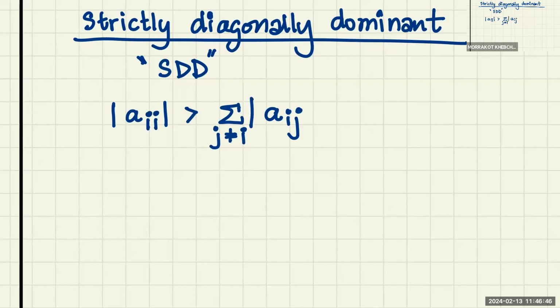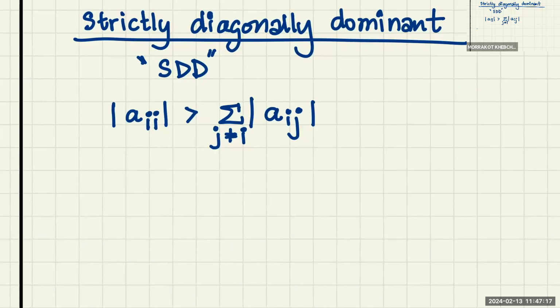Okay. It means that in the same row of the matrix, except the one in that location, if you look at the first row, i is 1. You look at the first element, A11. A11 has to be greater than the sum of all the elements in the same row. Okay?